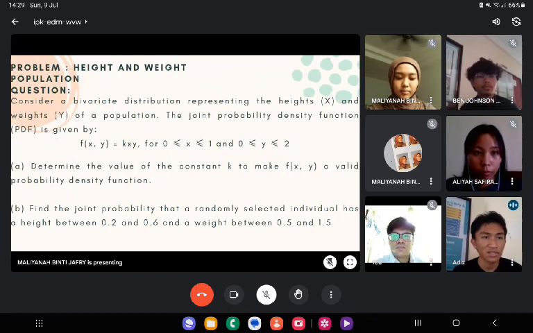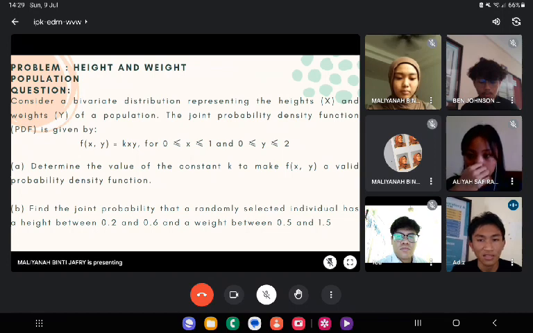Problem. The problem is about a height and weight population. The question is, consider a bivariate distribution representing the height x and weight y of a population.